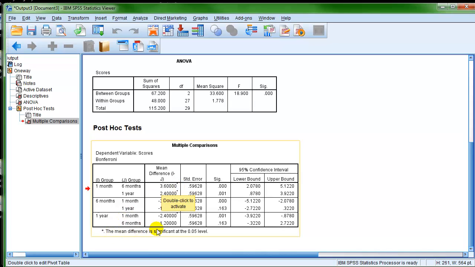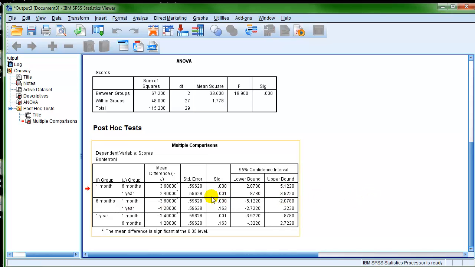The mean difference is significant at the 0.05 level after correcting for family-wise error rate. Okay, so we know that there's a significant difference between the 1 month group and the 6 month group. Is there a significant difference between the 1 month group and the 1 year group? Yes. The mean difference is 2.4, and that is statistically significant.